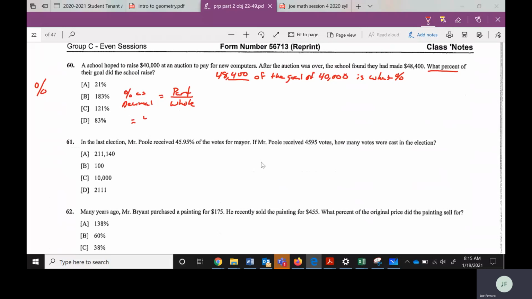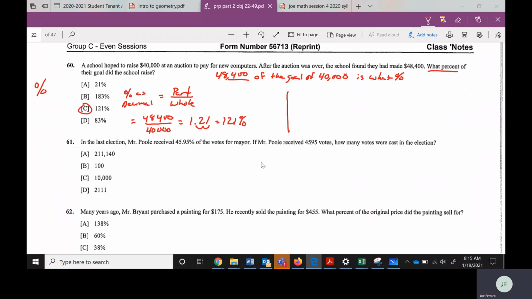This is one of those cases where they went over what they wanted to do, and that's like saying they got extra credit. So you divide here, you get 1.21. And remember, this is the decimal form of the percentage, so we move the decimal 1, 2, and we get 121%.